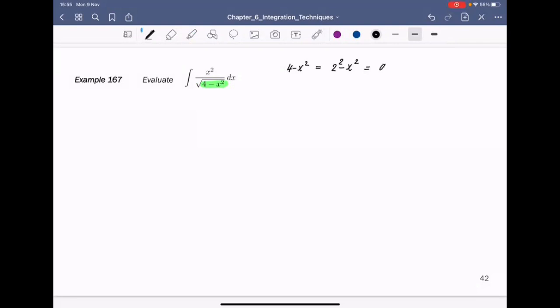If you compare this with a squared minus x squared, this suggests x equal to 2 times sine theta. Sounds good. Now we're gonna pick x equal to 2 times sine theta.